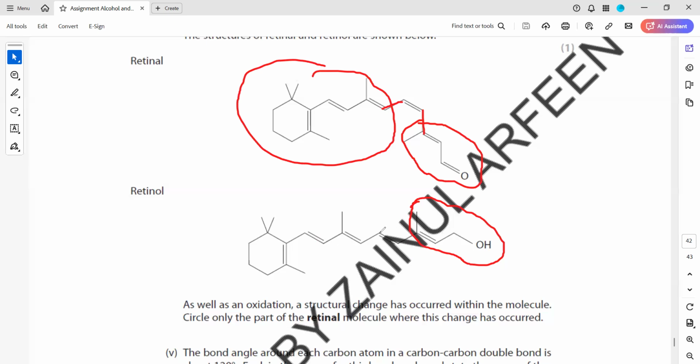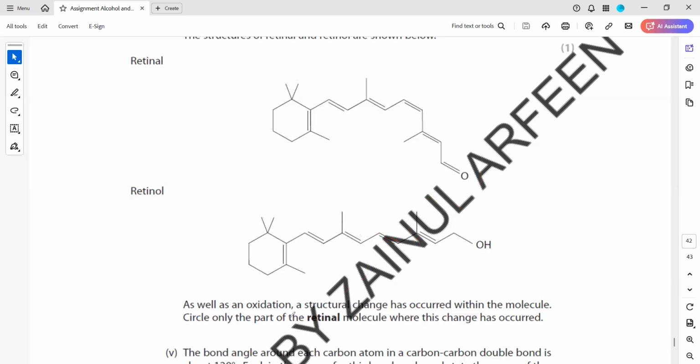And here we have a C double bonded with C. So this group is attached up, the other group is attached down. So we just have to circle the part of the retinal molecule where this change has occurred.